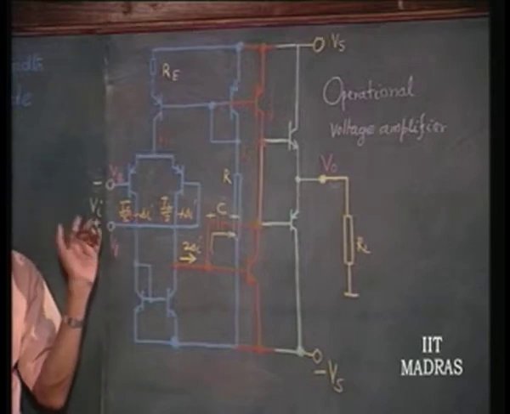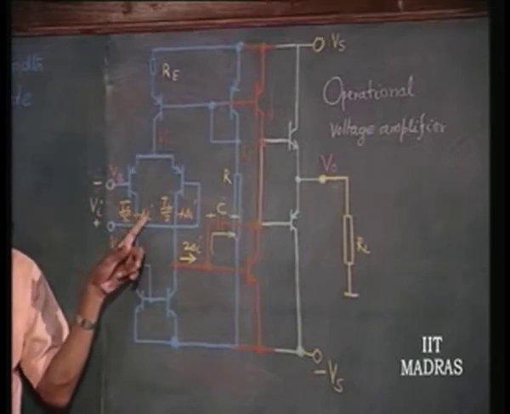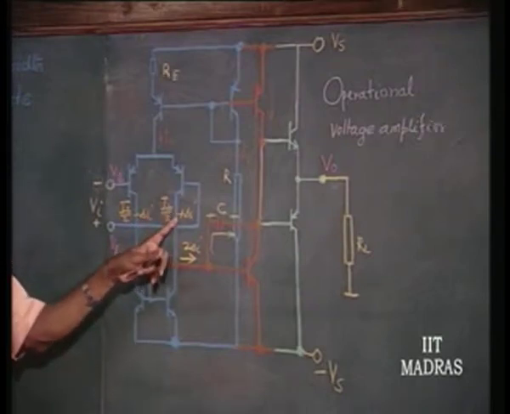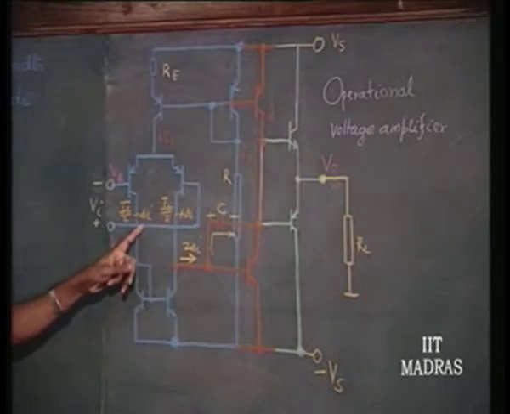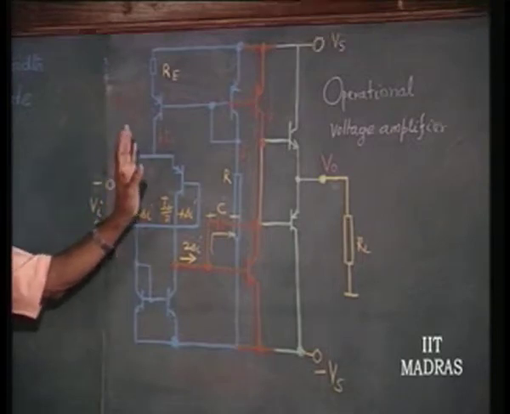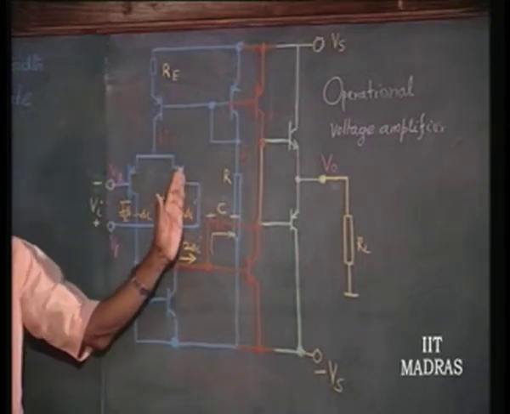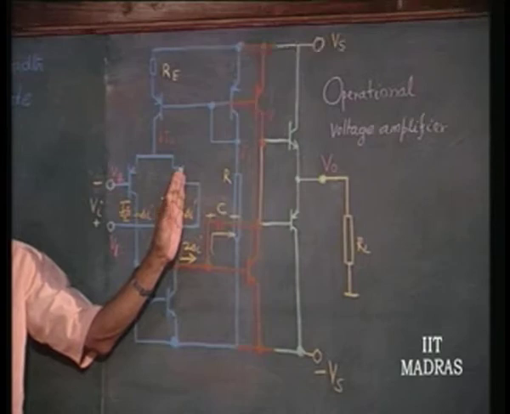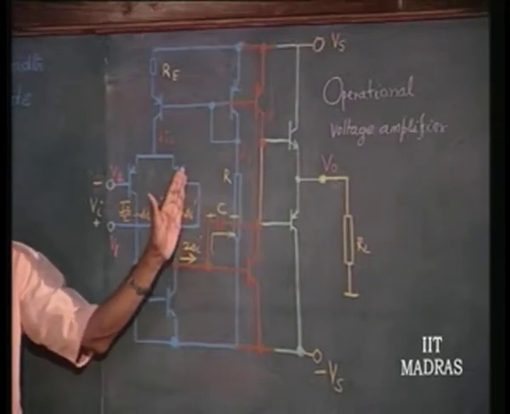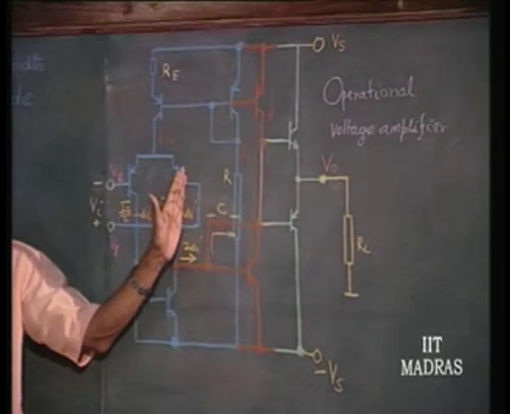What happens as Vi increases is delta I goes closer to I naught by 2. At that point of time, when delta I becomes equal to I2 by 2, this transistor is off. This transistor is being given the total current. Thereafter, further increase in Vi is not going to change anything as far as the circuit is concerned.